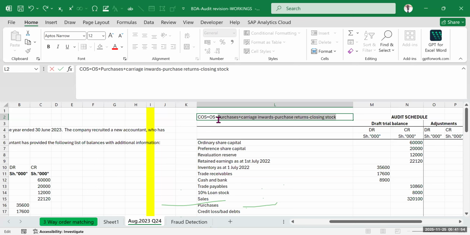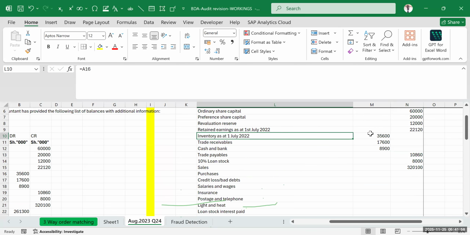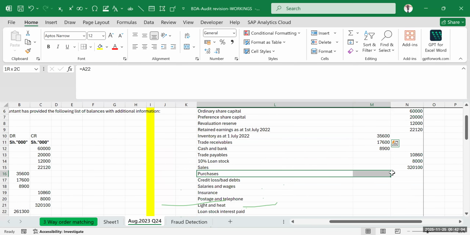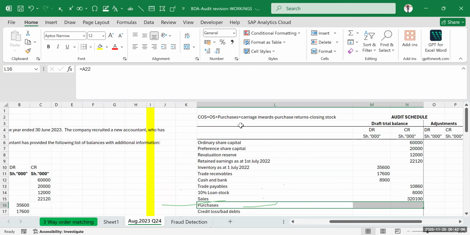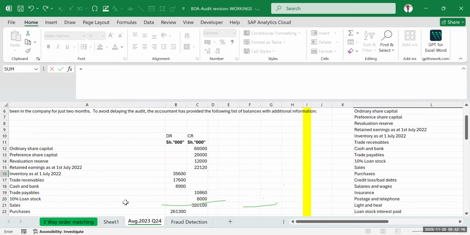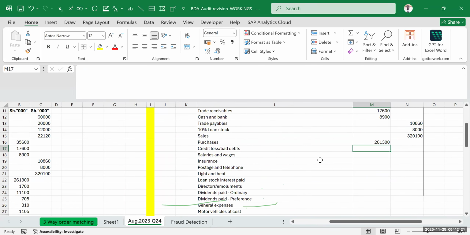So these adjustments, you've already seen we've debited opening inventory there. That is part of the computation of cost of sales. Now there is the purchases that we've just talked about, and we're going to debit it because it forms our cost of sales. So it appears normally on the debit side of the statement of profit or loss. So I would pick my purchases and post it on the debit side like that. Then we have credit loss or bad debts.